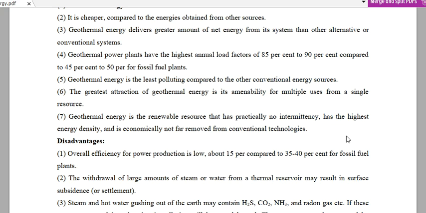Similar is the case for winds. It is not very predictable that winds will move at required speeds, but geothermal energy has no such problem, and it can be found without any interruption at all times.